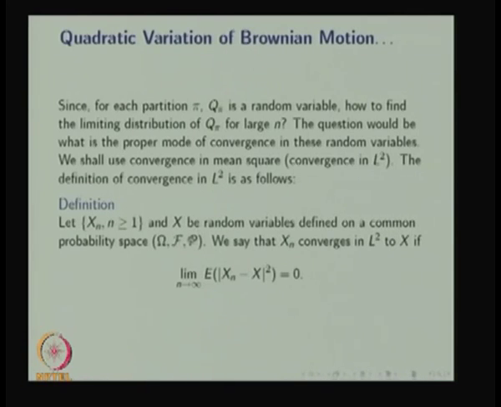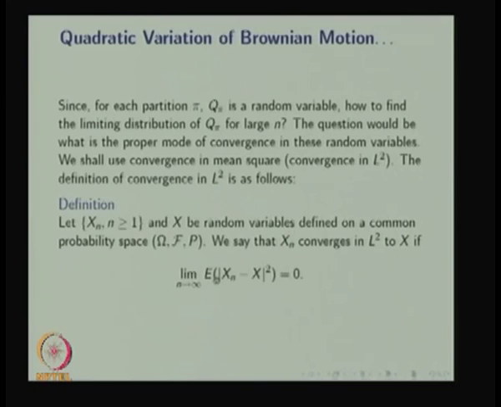Let X n, n greater than or equal to 1, and X be random variables defined on a common probability space omega, F, P. We say that X n converges in L2 to the random variable X if the limit as n tends to infinity of the expectation of the absolute value of X n minus X, whole square, is equal to 0.